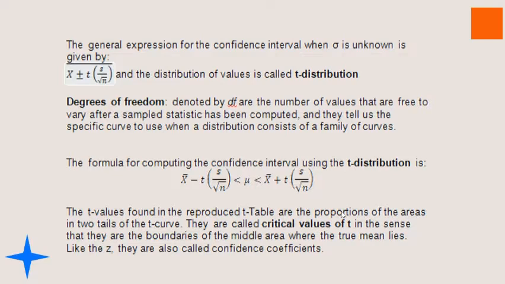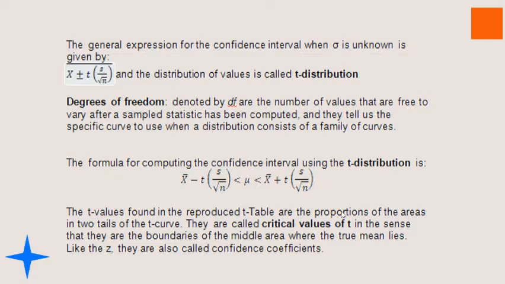So this concept of degrees of freedom is used in the t distribution. The degrees of freedom, denoted by df, are the number of values that are free to vary after a sample statistic has been computed. And they tell us the specific curve to use when a distribution consists of a family of curves.